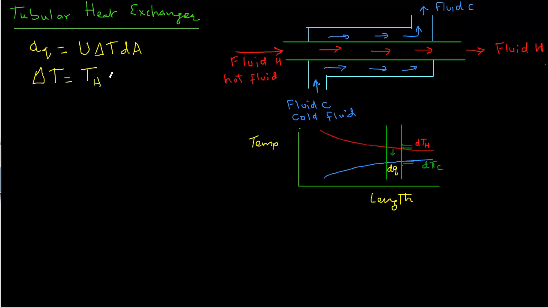Now for this thin slice, or the small differential ring element as we have seen in the figure, the energy balance for just the hot stream can be written as dq equals minus m dot h times cph, which is the specific heat for the hot fluid, times dTh.